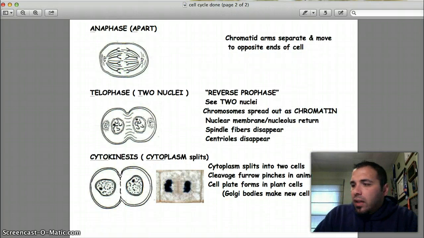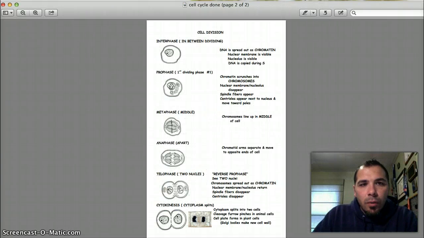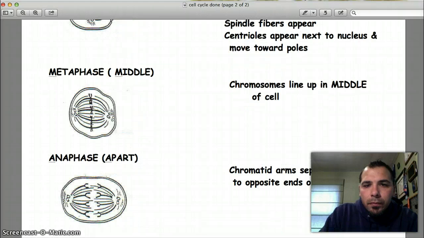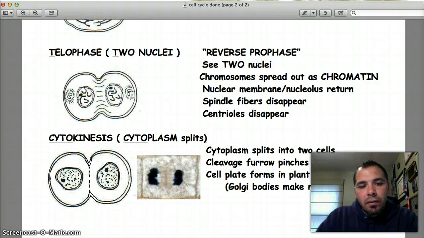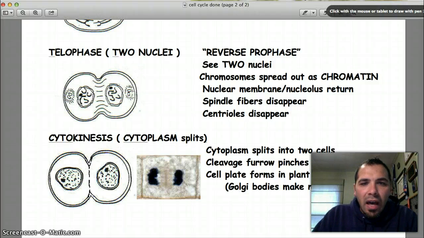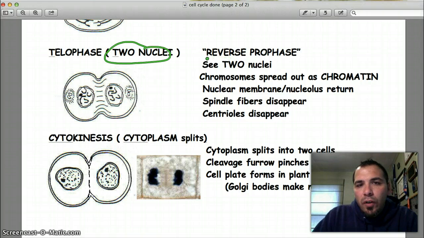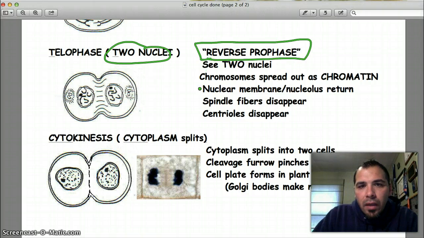Move on to telophase. Whoops, did not want to do that. Let me go back. So let's go back, go down. We did anaphase. So telophase. We've got two nuclei. You're going to be able to see them both. Reverse prophase is sometimes what it's called. Chromosomes spread out back as chromatin.